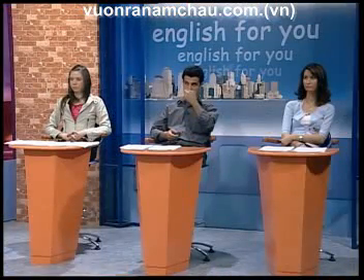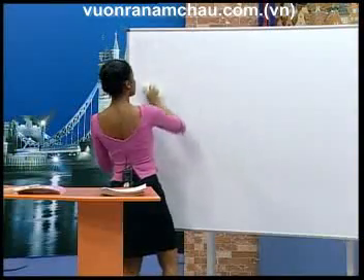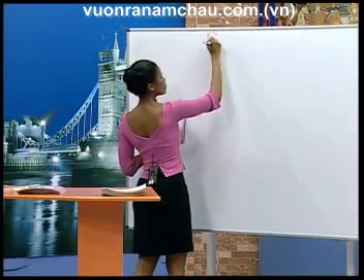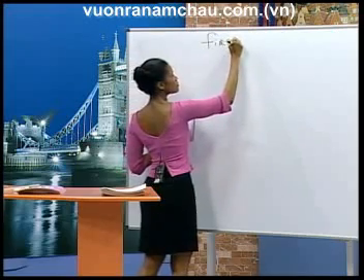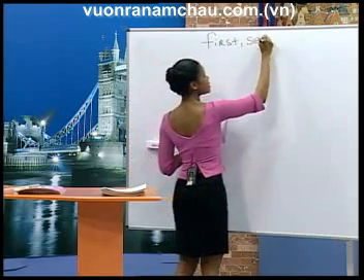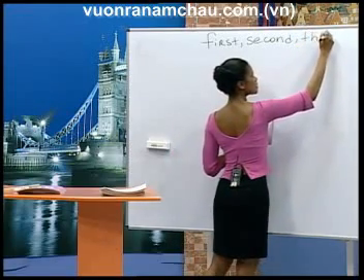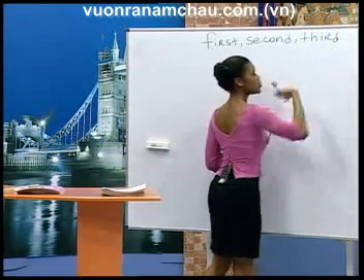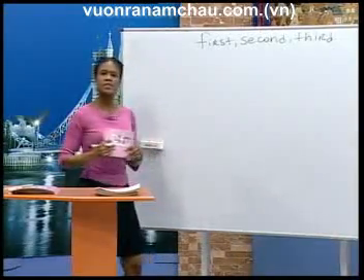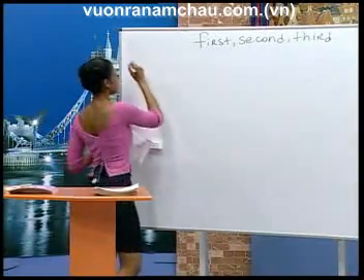There are many ordinal numbers. They start, for example, first, second, third, and continue on. Let's look at more examples.